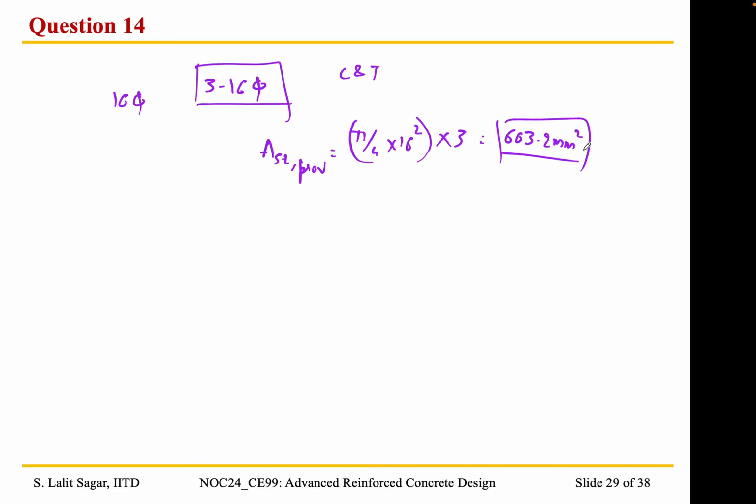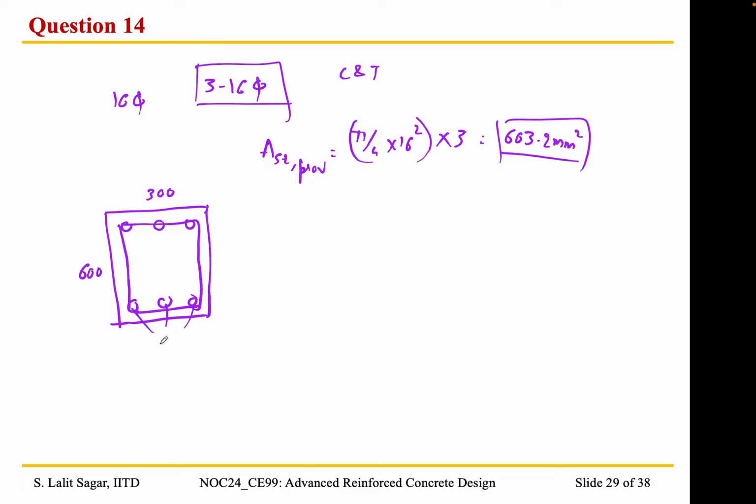Let me very quickly draw the cross section. We need to provide 3 bars of 16 mm diameter both on the compression and the tension side. We have 300 and overall depth of 600, and then we have 3 of 16 here, and here also we have 3 of 16.